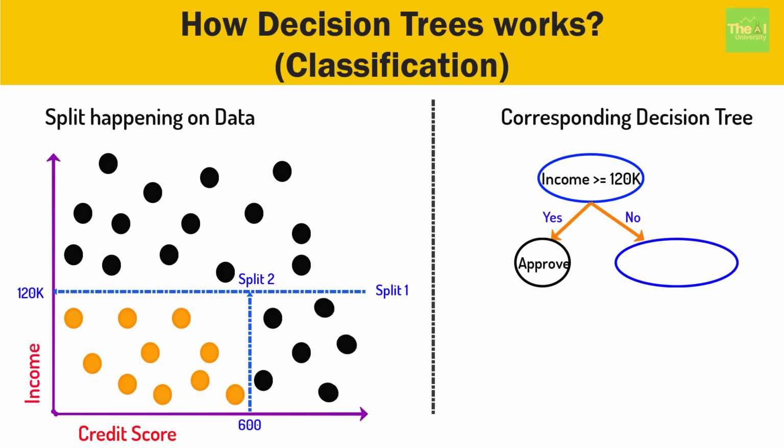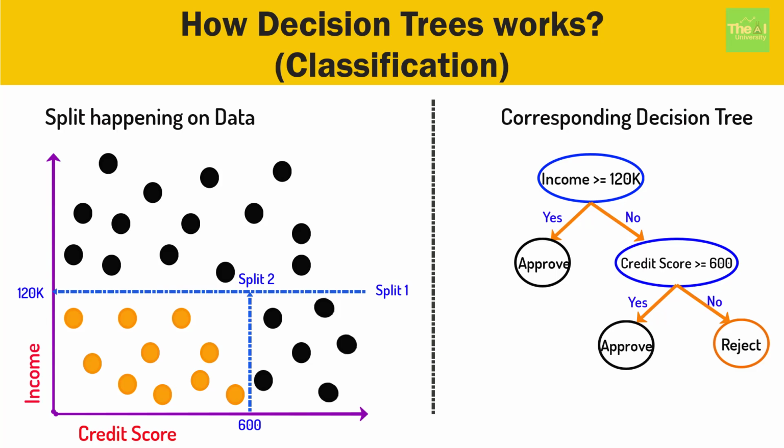Let's move on to the right hand side. So from the decision tree perspective, split 2 happened at 600 and only to the bottom of split 1, so the corresponding decision tree branch will look something like this. We were concerned with income less than 120,000, so we are falling in this branch. Then our split 2 happened at credit score equals 600.